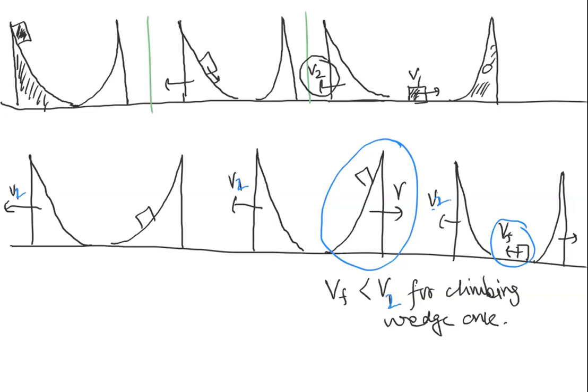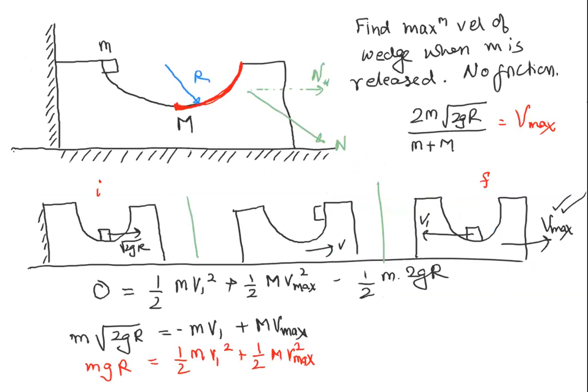As a consequence, the velocity of the second wedge changed from 0 to some v, and it will keep on changing to 0 to some v max value. जब वो बाहर आ जाएगा, वो उतर जाएगा. An impulse is imparted by the block onto the wedge. Therefore, the velocity of the wedge changes from 0 to Vmax. Now, this change was not sudden, it was gradual. Still, we will call this impulse.